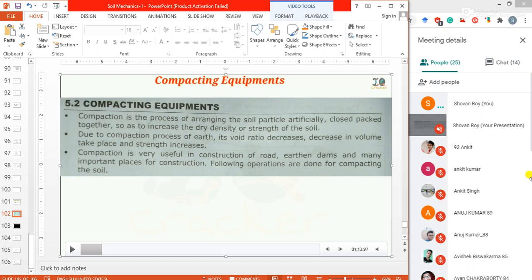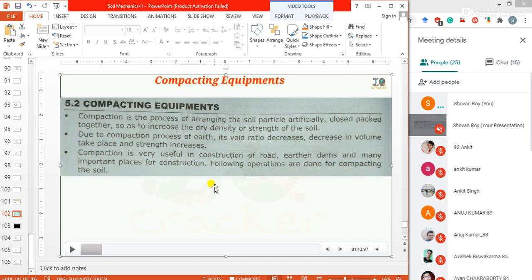The rolling equipments are of five types. I'll give all the PDF, don't worry. First, smooth wheel rollers, which you have already seen. Second, pneumatic tired rollers. Third, sheep foot rollers. Fourth, lorries and pneumatic tired construction plant.